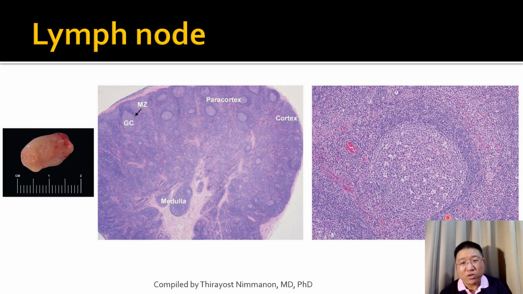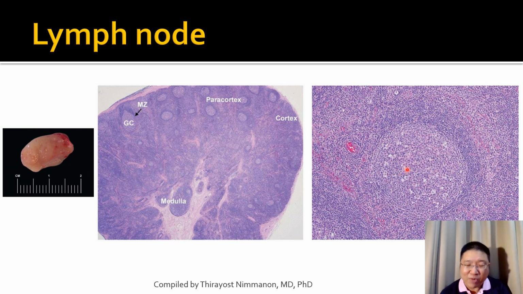And the lymphoid follicle contains the germinal center in the middle, and a few layers surrounding the germinal center is the mantle zone, and surrounding the mantle zone is the marginal zone. So reactive germinal centers will have a very clear-cut boundary like this, and we should be able to observe the starry sky pattern like this.